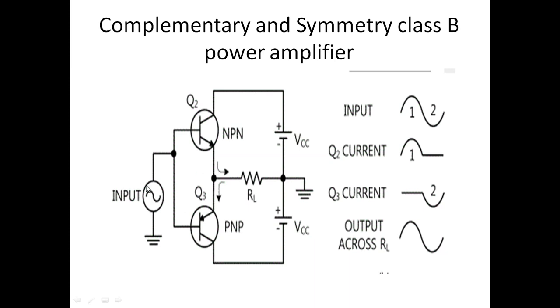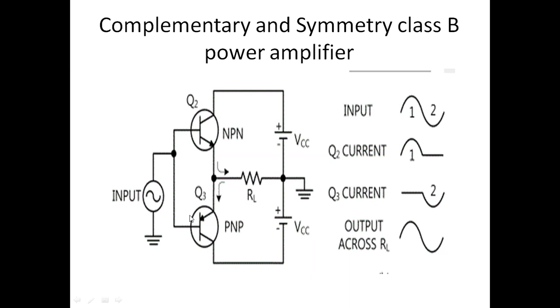During the negative half cycle, the negative signal is applied to the base. Therefore, the emitter becomes reverse biased and the collector becomes forward biased. In this case, Q2 is in the off state. Now Q3 will turn into the on state.